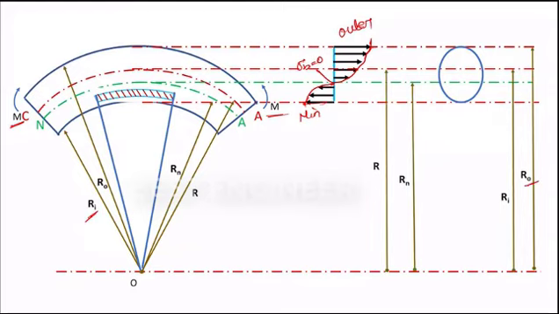And the cross section will be like this: outer radius, inner radius, neutral axis radius, central axis radius, and consider a small portion here. Now we applied a moment. Due to this, the beam tries to bend like this, because we applied a moment. If it bends like this, the bottom fibers try to extend and the top fibers contract.